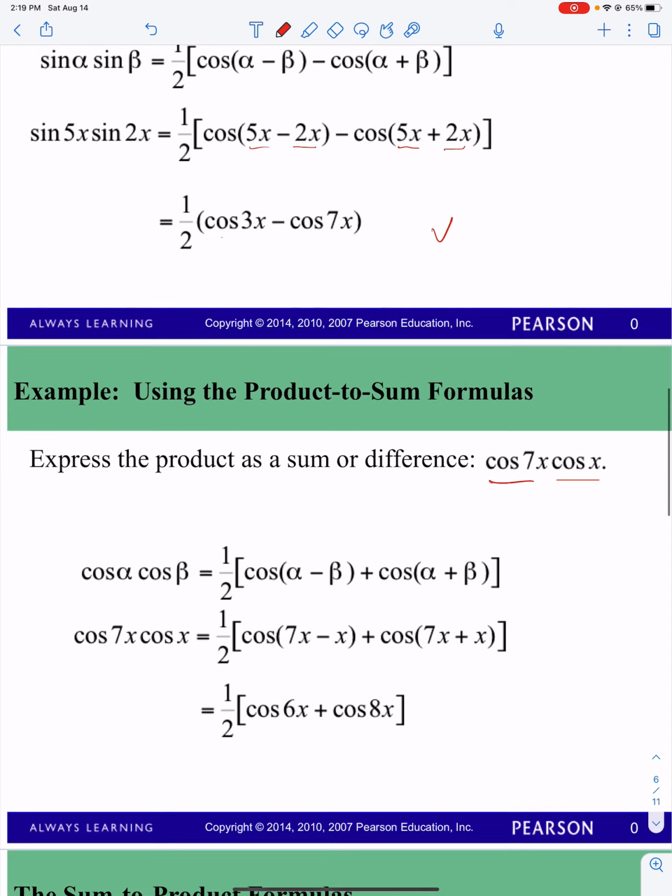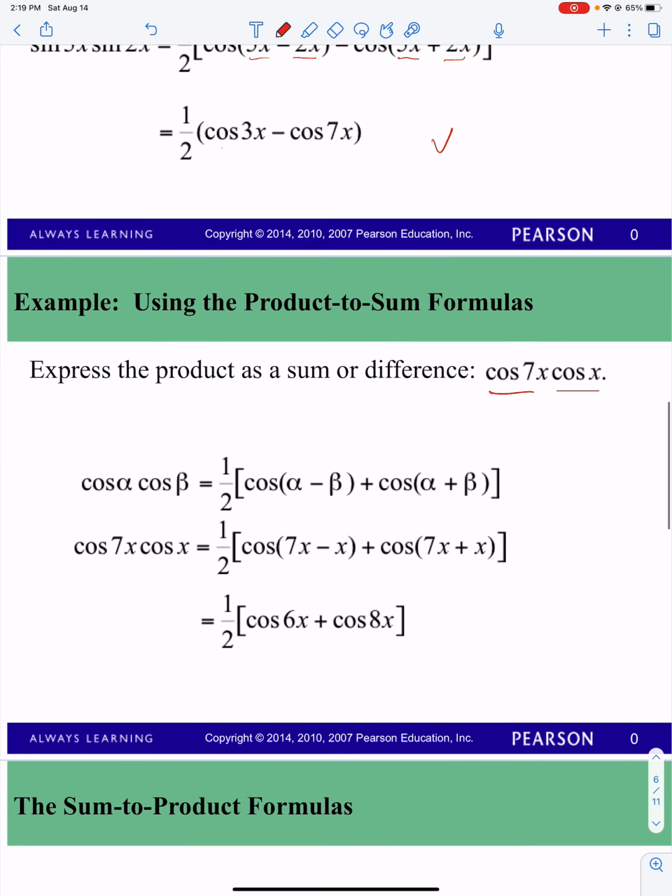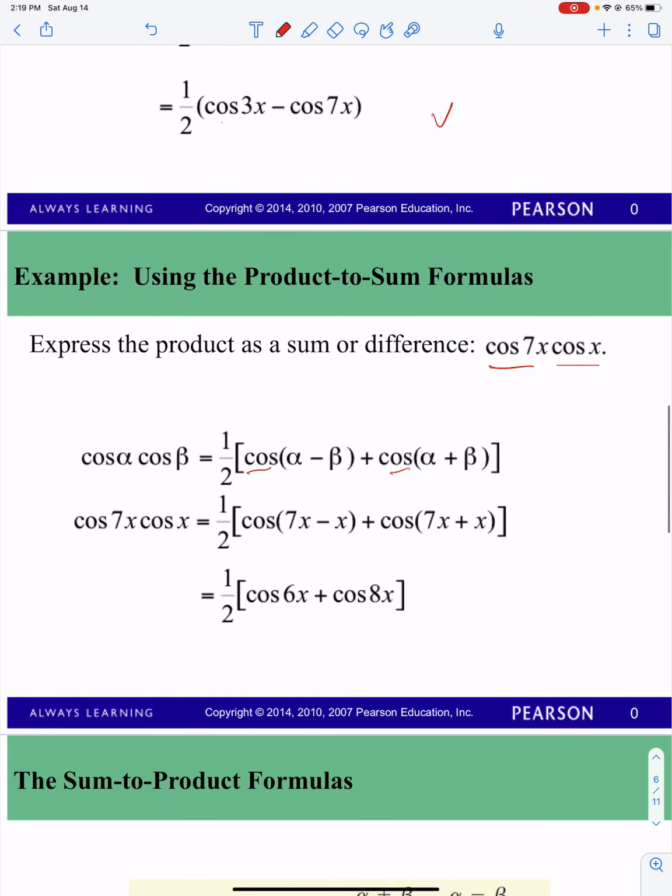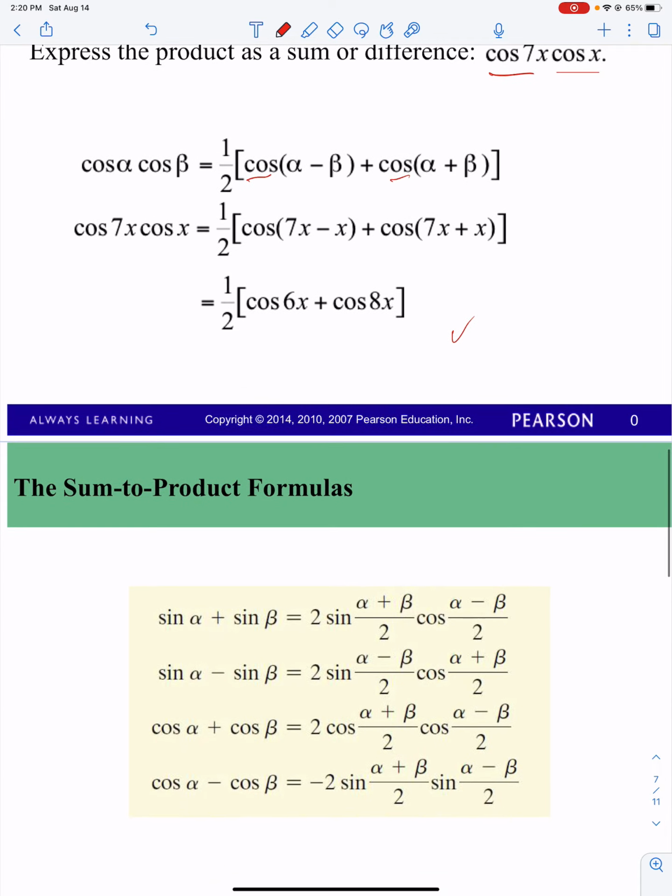You need to be careful. For cosine, it will be cosine plus cosine. For sine, it is cosine minus cosine again. After you know the formula, this is pretty straightforward.